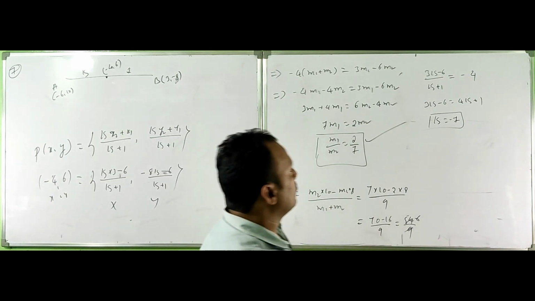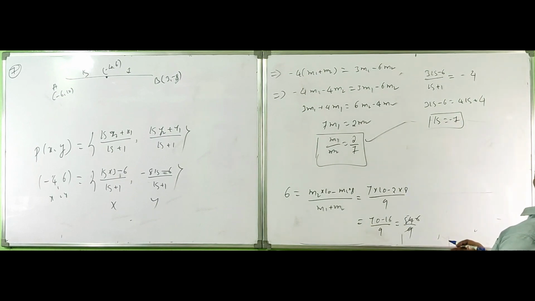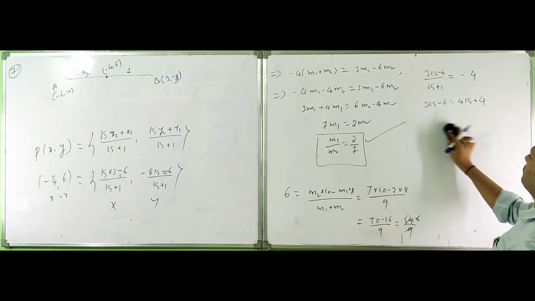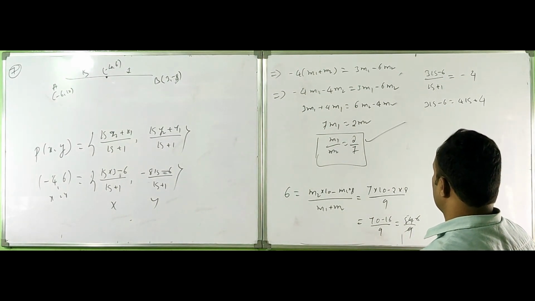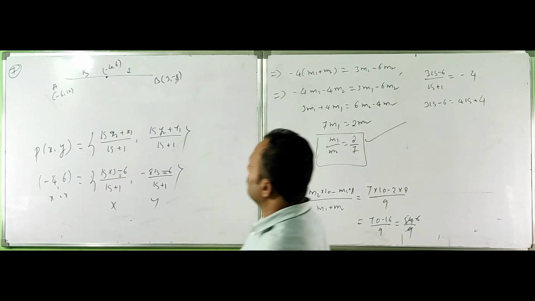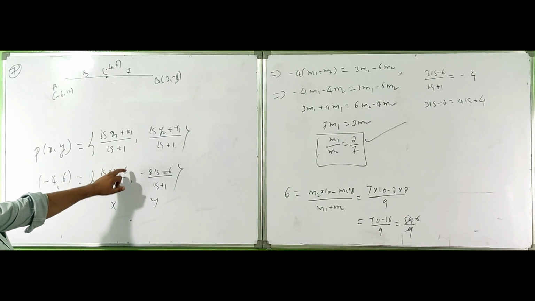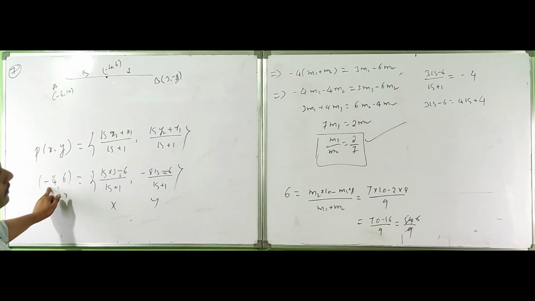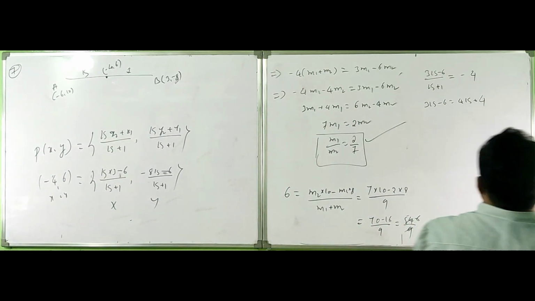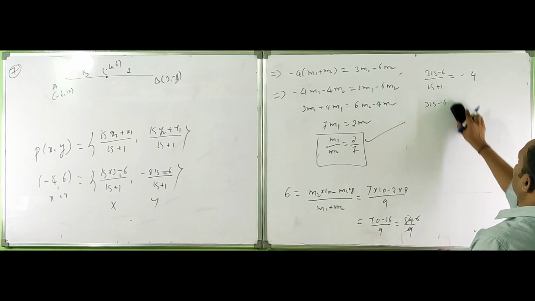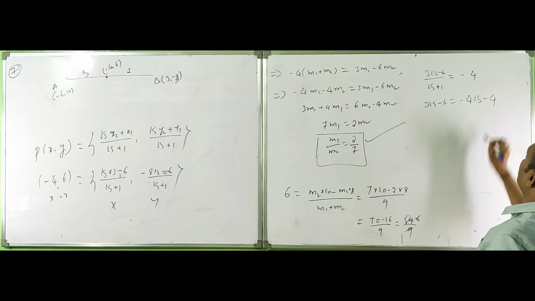There is some error. 4k plus 4, and this is minus k, x2 minus x1 is minus k. This is minus 4. Yes, silly mistakes. Is equal to minus 4k minus 4.